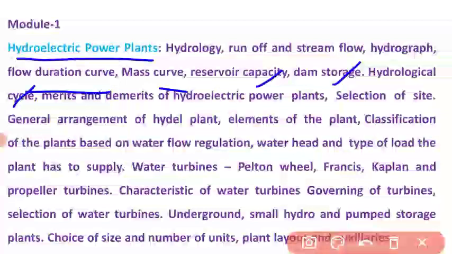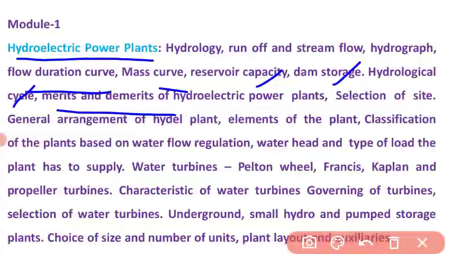Next is merits and demerits of hydroelectric power plant. In this we are going to study the advantages and disadvantages of hydroelectric power plant.